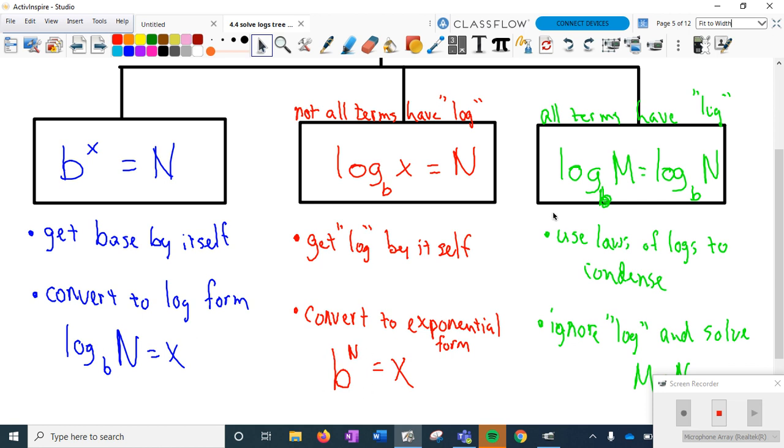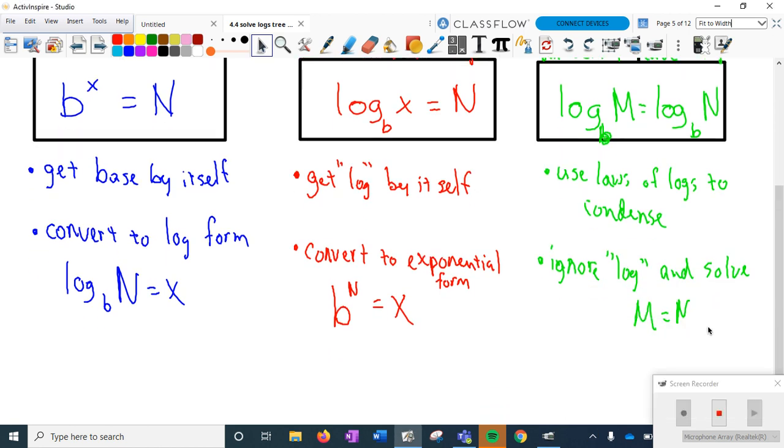Some that we're going to look at today are where all the terms have log on them. If all the terms have log, then our goal is to get log equals log. We're going to use our laws to get the left side condensed and the right side condensed, and then we get to ignore that log part. Kind of like how when we solved exponentials, when we got the base to be the same, then we ignored the exponential base and just looked at those exponents.